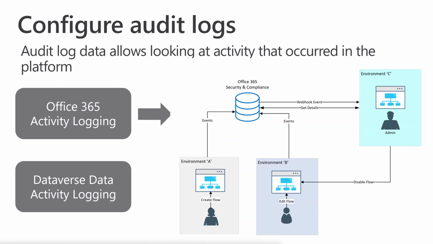You can configure webhook events to fire things off on particular events, but it is a reactive thing, so it's looking at what's happened in the organization. Dataverse audit can be configured to monitor usage and modification of these Dataverse entities.